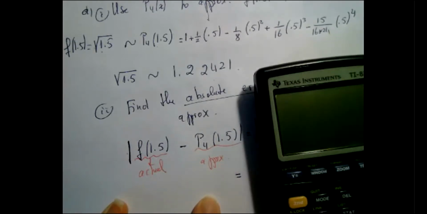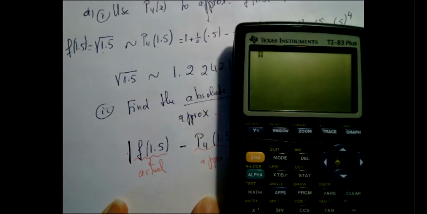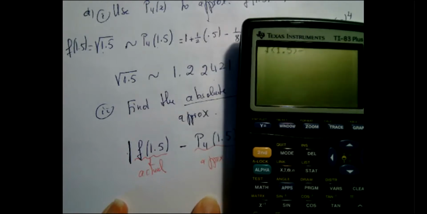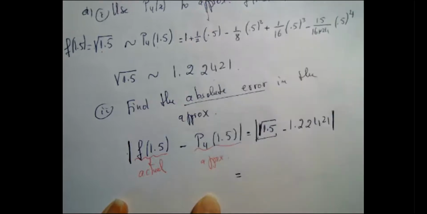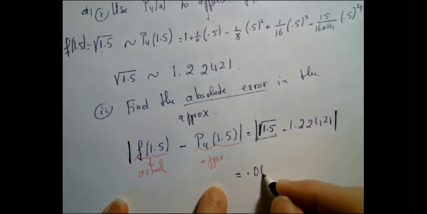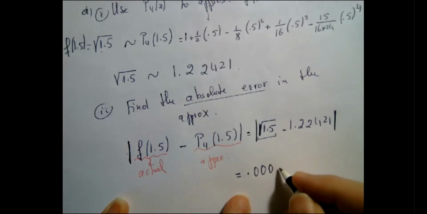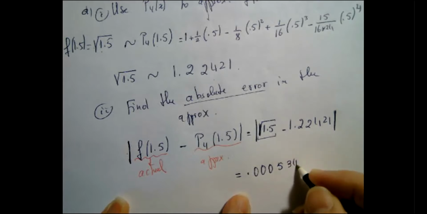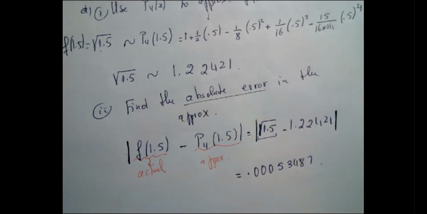So I'm going to go back to my calculator and evaluate 1.5, I should put the absolute value, but we can do that later, minus 1.22421. That's really what I am doing. So I'm getting 0.00053487. So the error is very, very small, as you realize. So if I use the fourth degree, the error is very small.